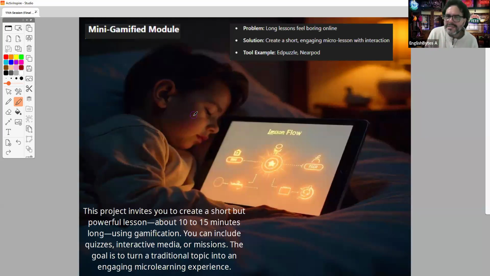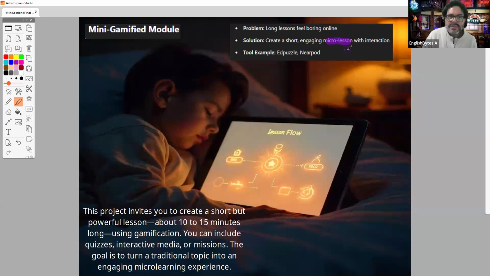The only way is if you provide them with exercises with games. I always mention Wordwall, like every single class I mention Wordwall, because it gives you exercises with games and they are really great for children. Well, you can create a short, engaging micro lesson with interaction.